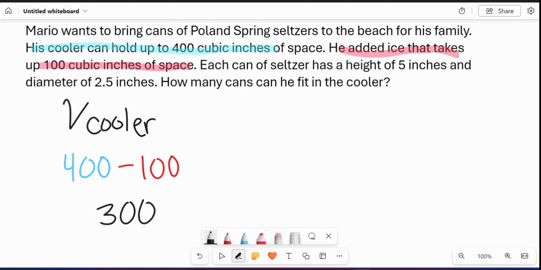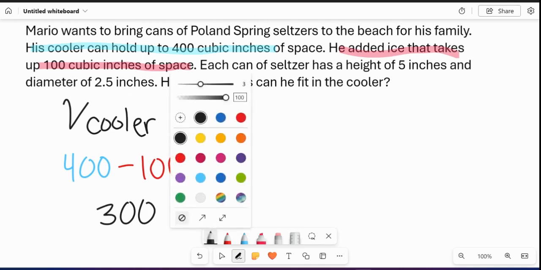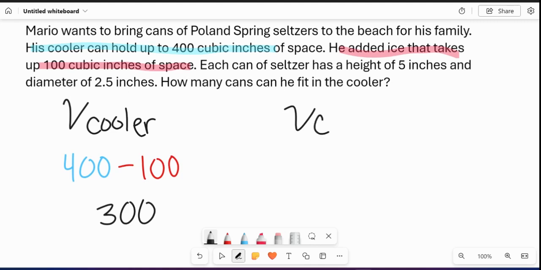Now, a seltzer has a height of 5 inches and diameter of 2.5 inches. Now, the seltzer is a cylinder, right? A can of seltzer is the form of a cylinder. So that is going to be pi r squared h.